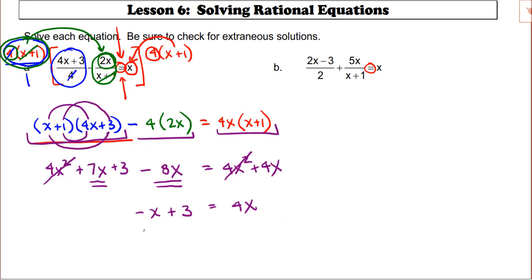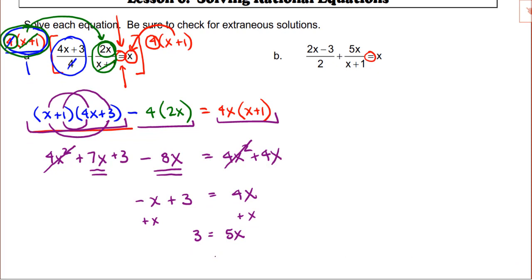Add x to both sides. And so I have what on the left? 3. What on the right? 5x. And then to get x by its lonesome, what do I do? Divide both sides by 5. Divide both sides by 5, and I get 5 over 3, right? No, you had 3. No. Gotcha. People do that all the time.